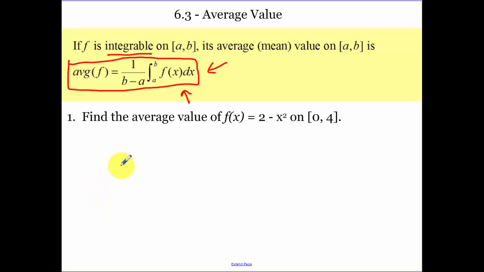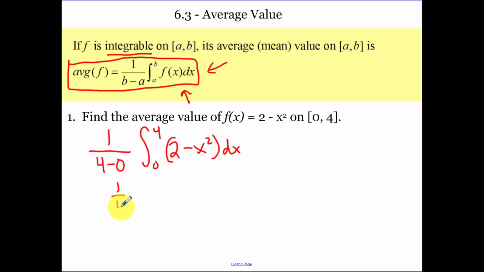Okay, so from here it's just a matter of doing 1 over 4 minus 0 times the integral from 0 to 4 of our function, and then make sure you're not forgetting your dx. So I have 1/4 times my integral, so I have 2x minus 1/3 x to the third, evaluating that from 0 to 4.